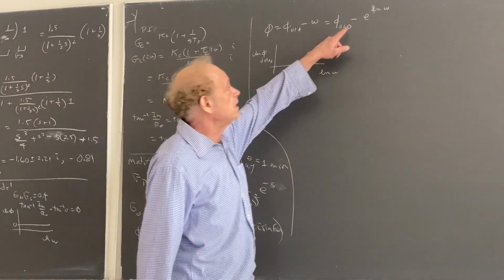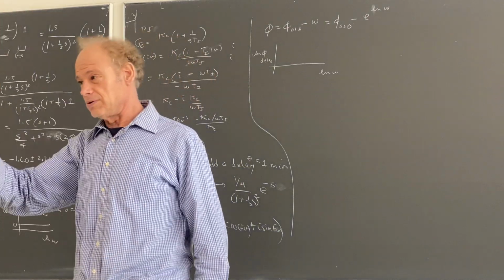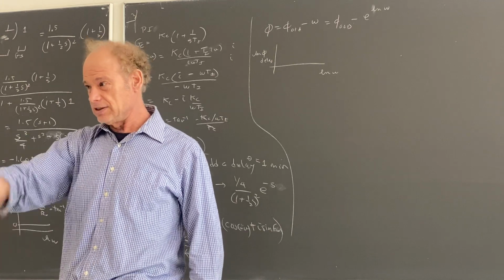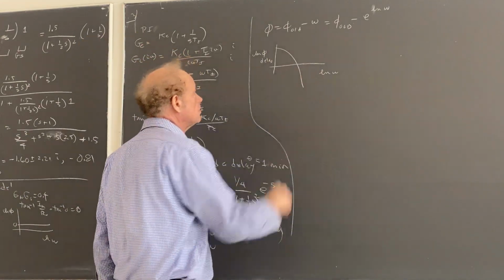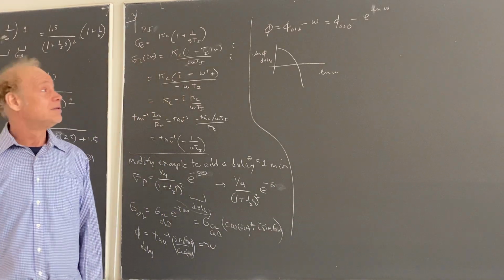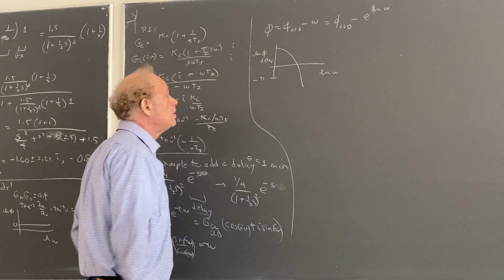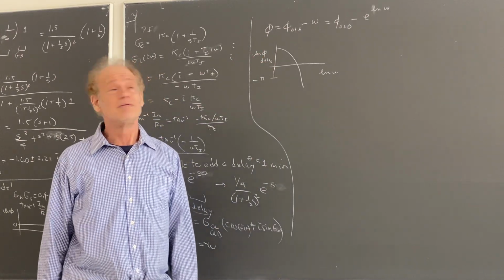So this is minus e to a power. Well, e to the x looks like this. Negative e to the x looks like this. So this looks like this. And even if I have a minus pi here, this thing is plunging down exponentially fast.